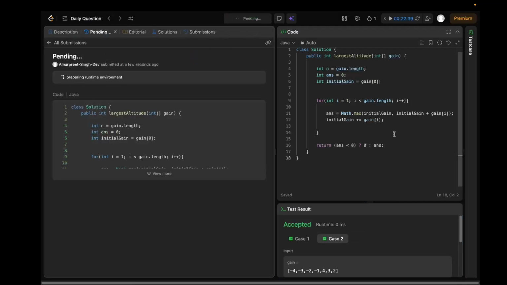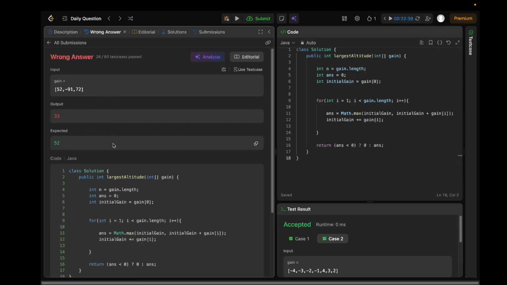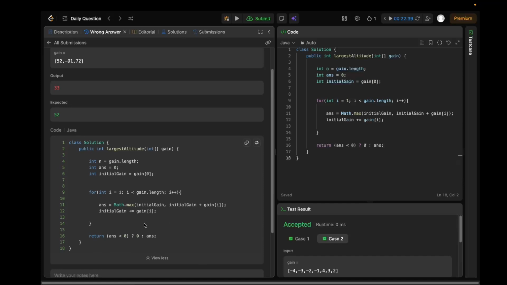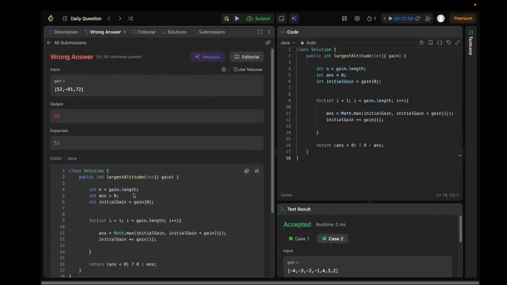Let's see, return. Yeah, let's try to submit it. Okay, what's wrong here now? Okay, so initially I gave the value 52. 52 plus minus 51, that comes to around minus 40 something, right?